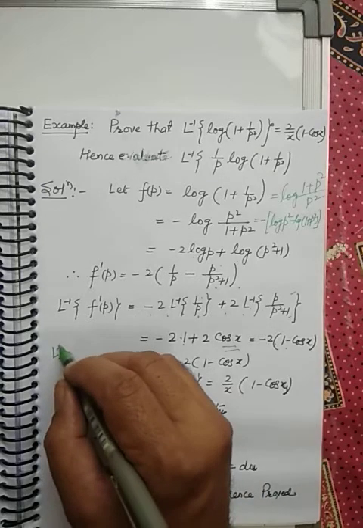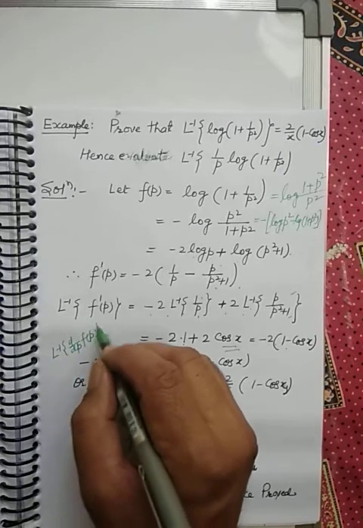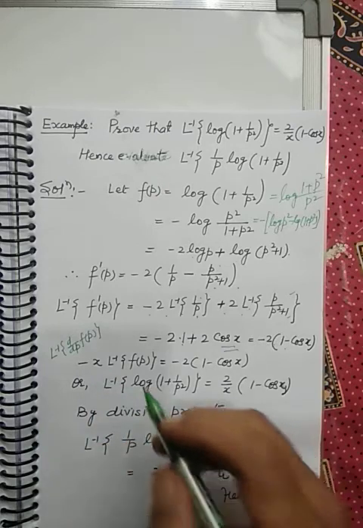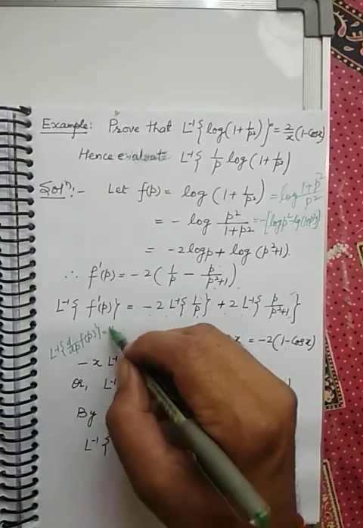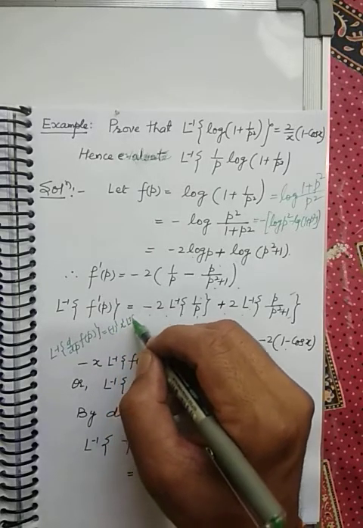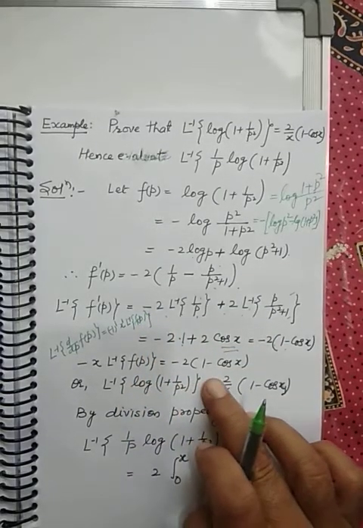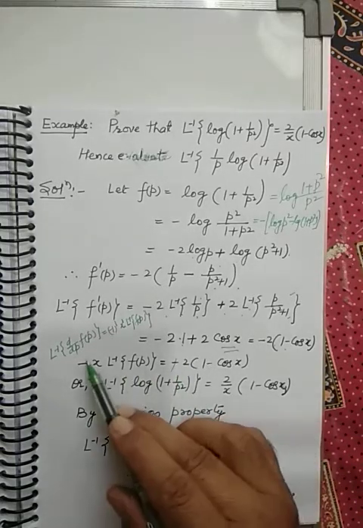The inverse Laplace transform of d upon dp f(p) will be equal to minus x times the inverse Laplace transform of f(p), that is (minus 1) raised to power n, x raised to power 1, inverse Laplace transform of f(p), is equal to minus 2 (1 minus cos x), or this will cancel.